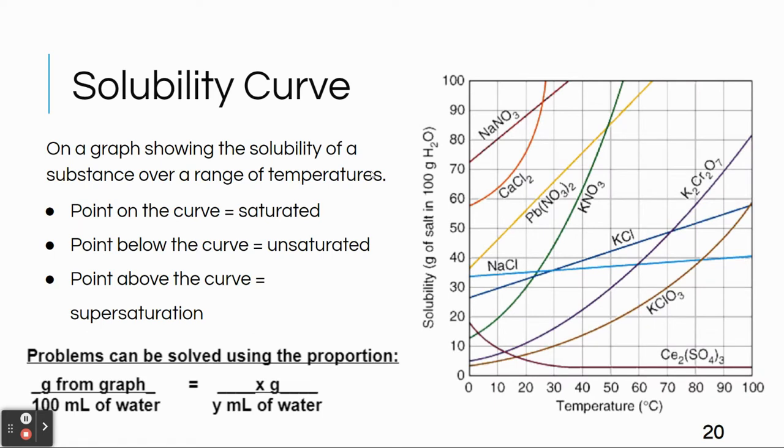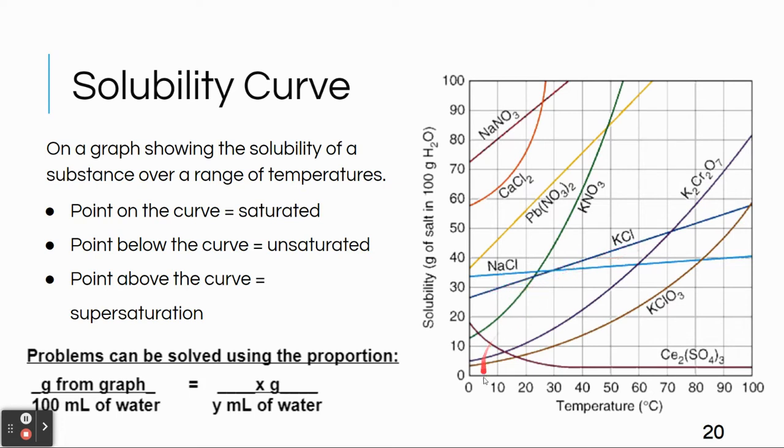So there's different points I want to indicate here first, and then we'll go in and do some problems together. Suppose you're looking at a point on a curve. Let's look at our KCl here. At 10 degrees, the solubility is 30 grams per 100 grams. So that's on this point here, that's your saturated solution, for KCl specifically.